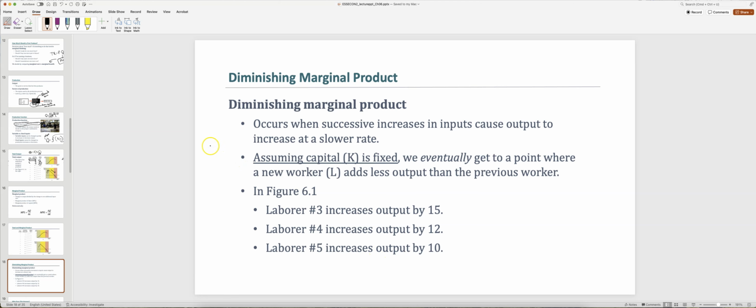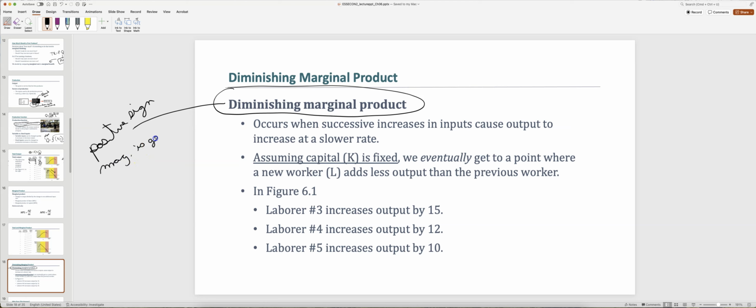Eventually, that marginal product will diminish, meaning that it still has a positive sign, but the magnitude of that number, the size of that number, is getting smaller.